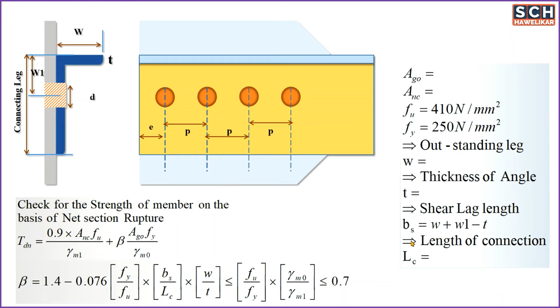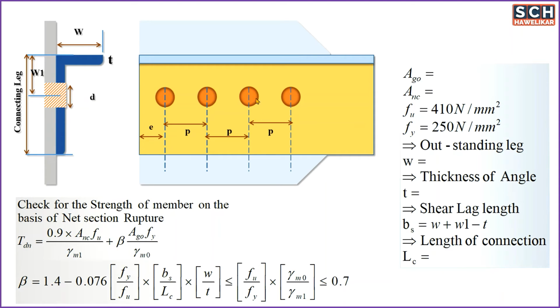This is the shear lag length Bs that we need to calculate in order to calculate beta. Bs is nothing but W plus W1 minus T. This is the formula given in the IS code. We also need to calculate the length of connection Lc, which depends upon the length from the end bolt.